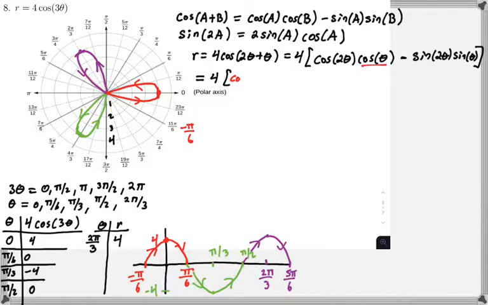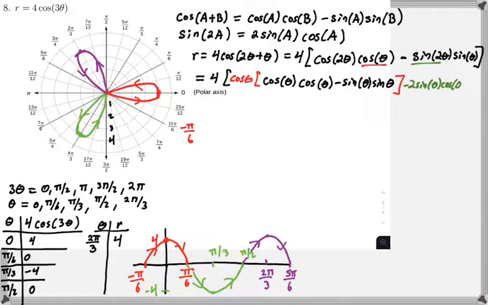And then we're going to leave that cosine of theta there, and we're going to apply the identity cosine A plus B again to get cosine theta minus sine theta sine theta, and that's using the top identity. The sine of 2 theta will be 2 sine theta cosine theta, and that's using the sine of 2A identity, and then times sine of theta.